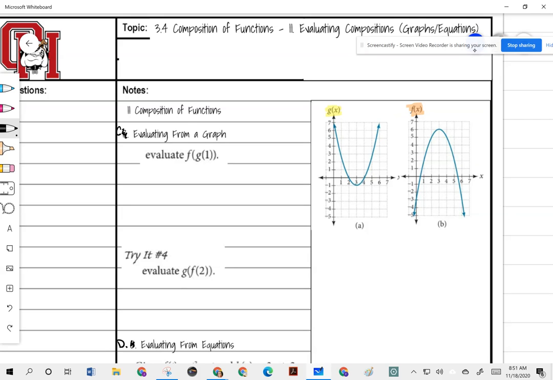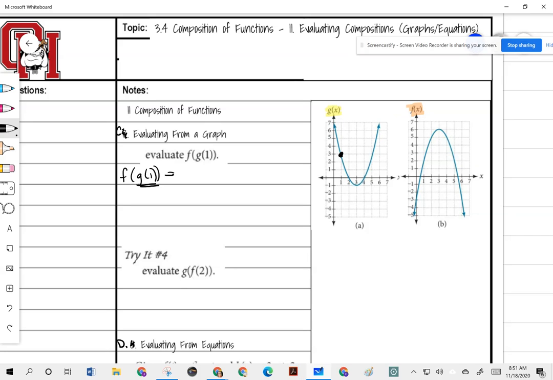So what you are doing is, again, still working on the inner function, but we are going to find on the g graph, so let's take a look at that, where the input is 1. So remember, when x is 1, we get 3. Okay, so there's my 3.